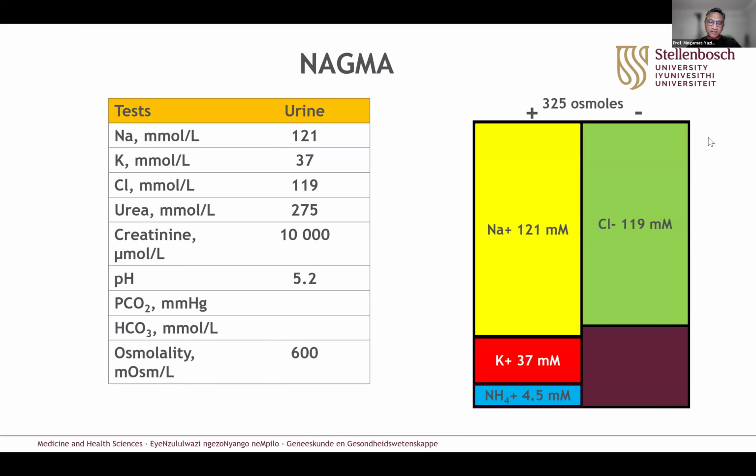And by asking yourself, are the kidneys responding appropriately by excreting large amounts of ammonium? If you find very little ammonium in the urine, then the kidney is in fact the cause for the bicarb loss. And as I said, you can immediately diagnose renal tubular acidosis.